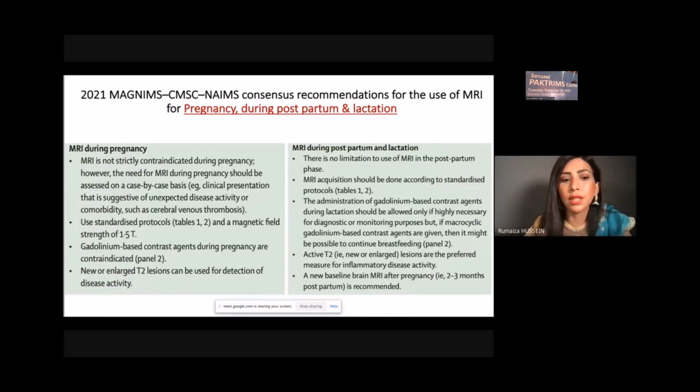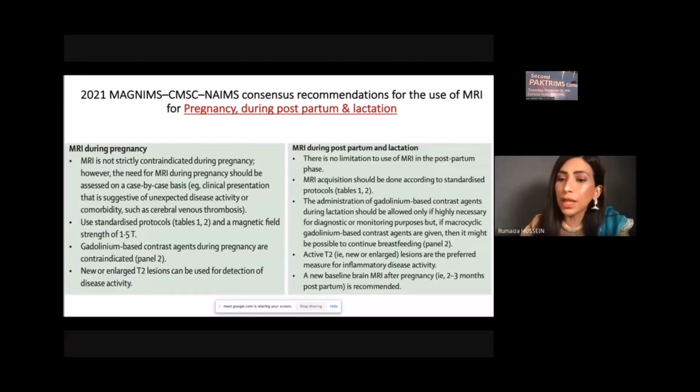So the use of standardized protocol, as I just mentioned in the beginning, and gadolinium-based contrast agent during pregnancy are again contraindicated. New or enlarged T2 lesions can be used for detection of disease activity. In terms of postpartum, there is no limitation to use of MRI in the postpartum phase. MRI acquisition should be done according to the standardized protocol.